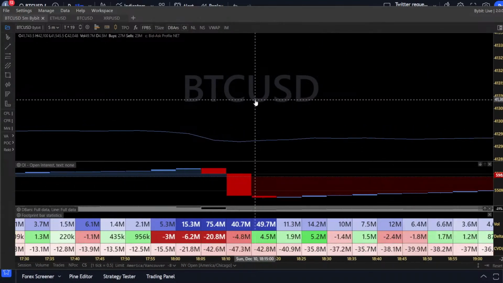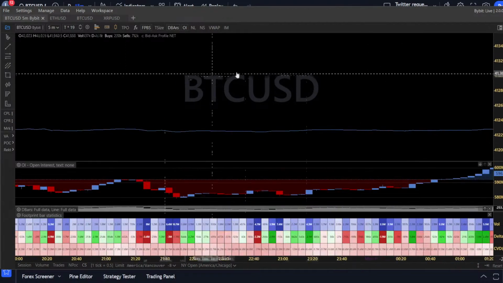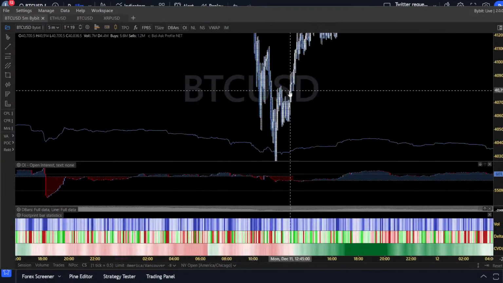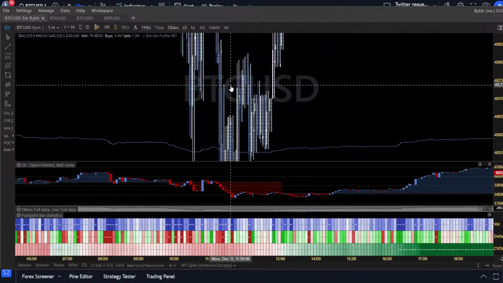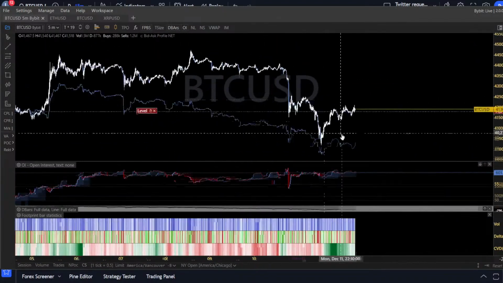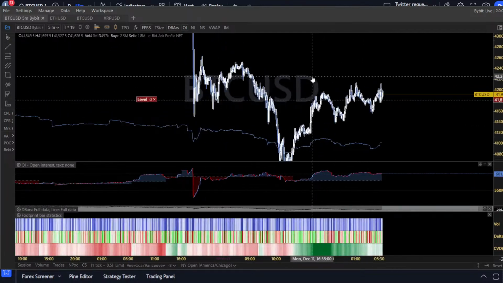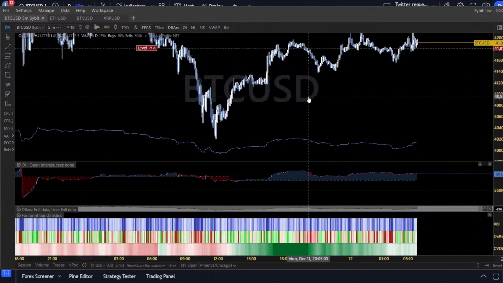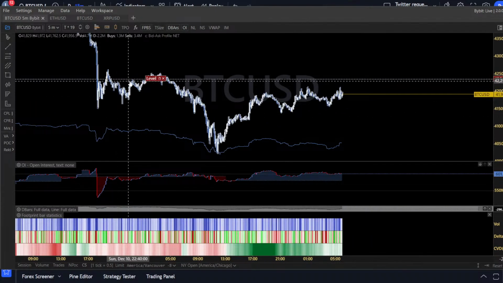What is going on here? I'm just looking at the chart here.